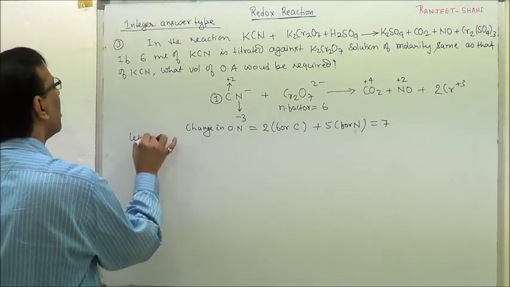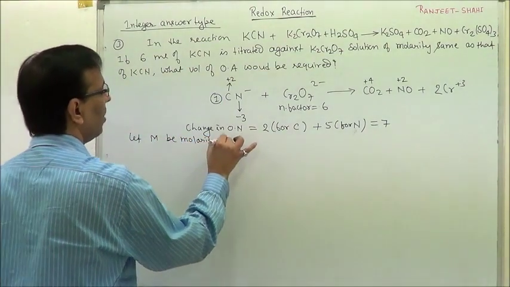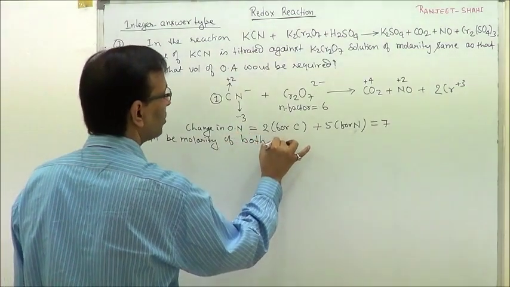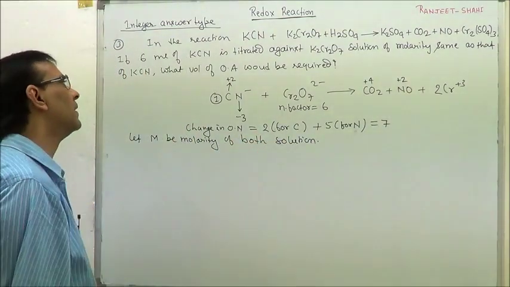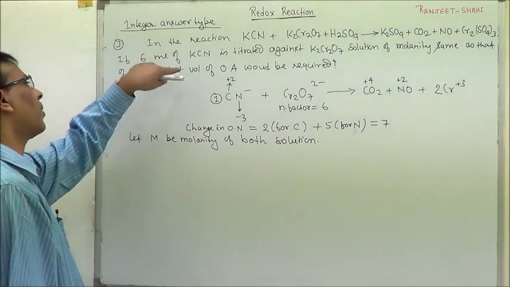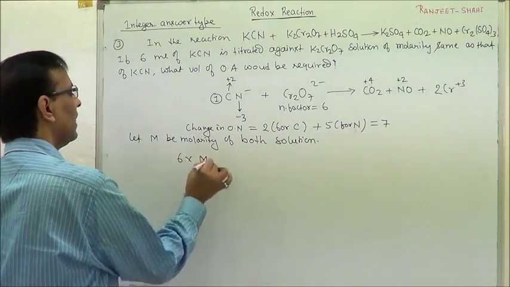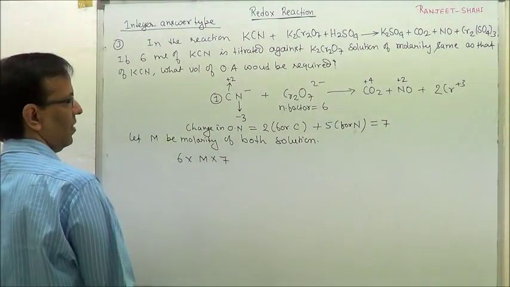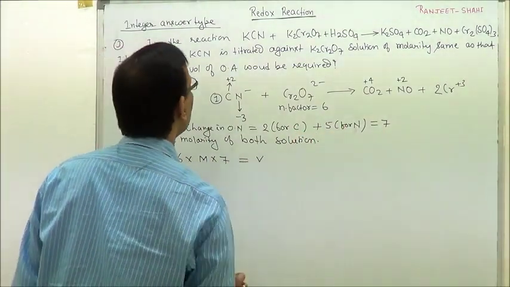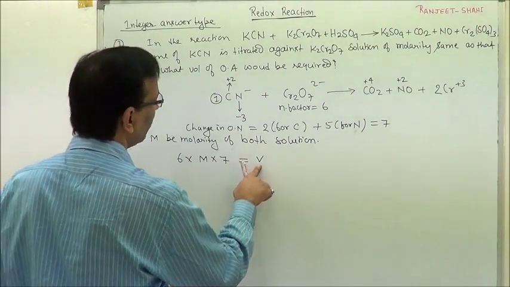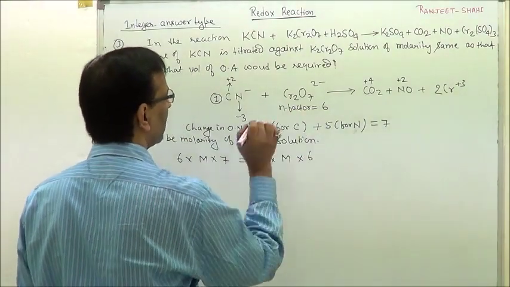Let M be the molarity of both solutions. Now equate their milli-equivalents. So 6 ml potassium cyanide, 6 into molarity into n factor 7, is equal to V, the volume of dichromate required, into molarity into 6, since the n factor is 6.